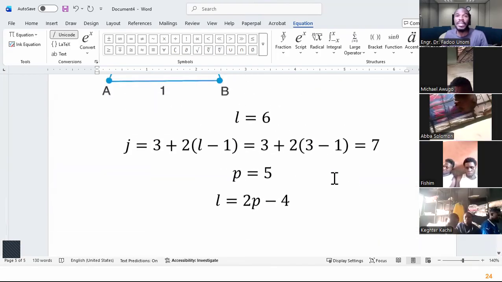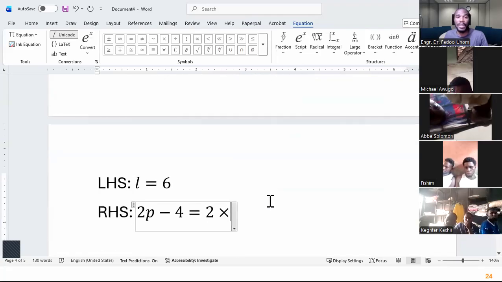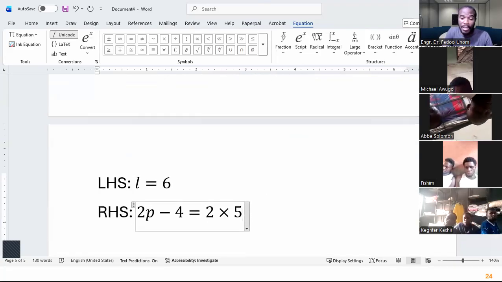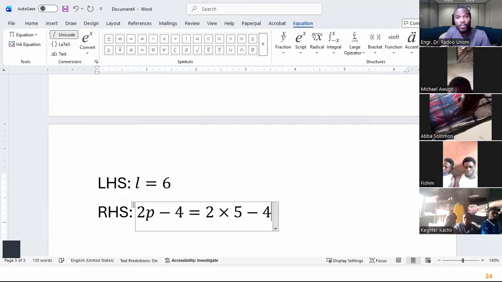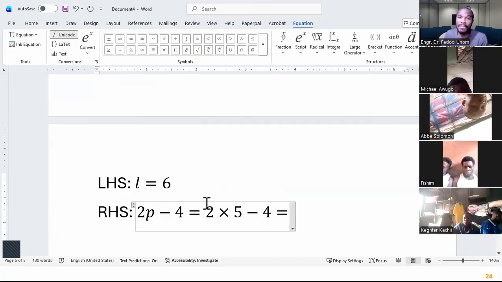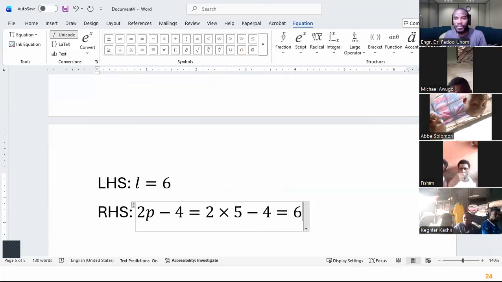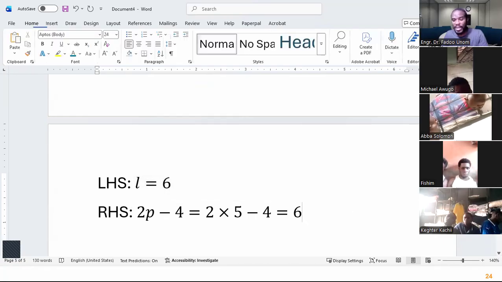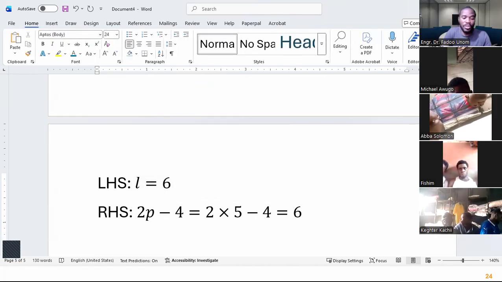How many lower pairs are there? There are 5 lower pairs. So 2 times 5 minus 4 is what we're looking for. 2 times 5 is 10. 10 minus 4 is 6. So you see that the left-hand side is the same as the right-hand side.